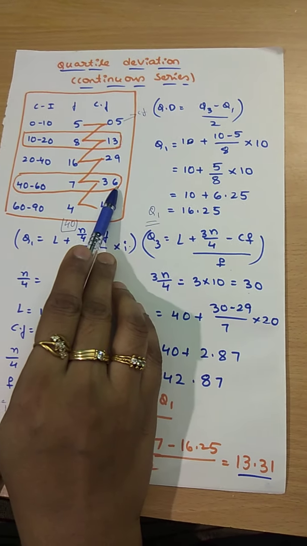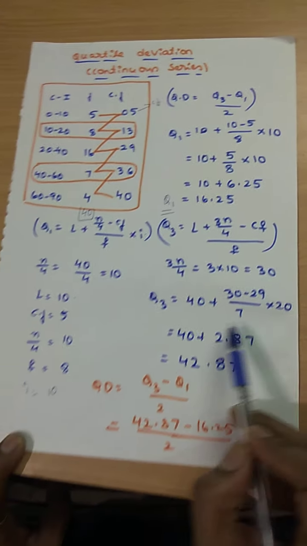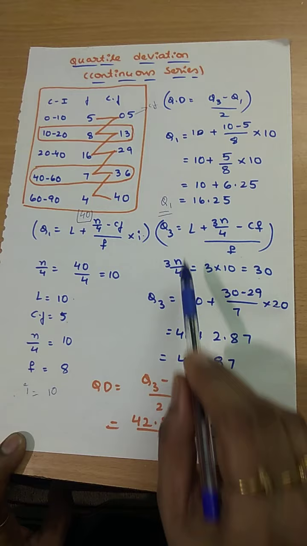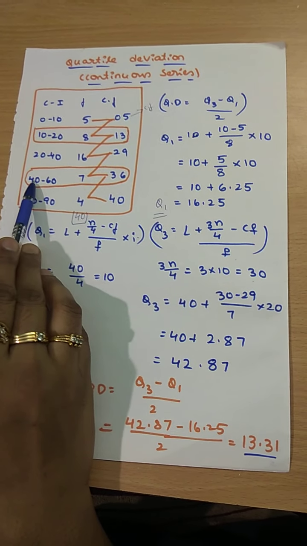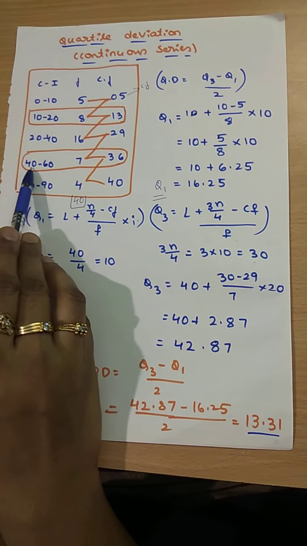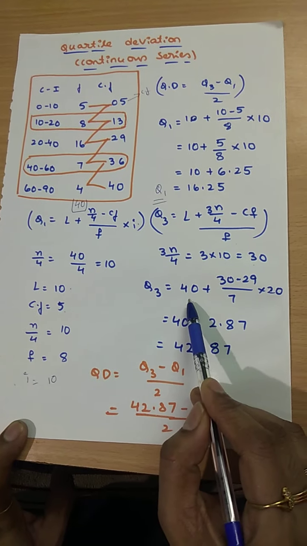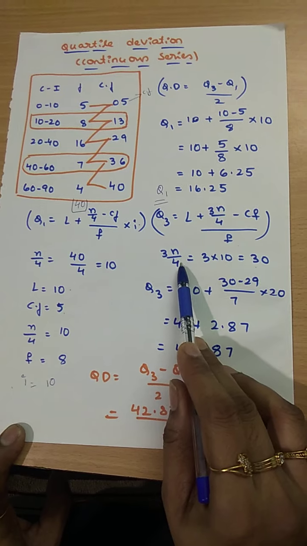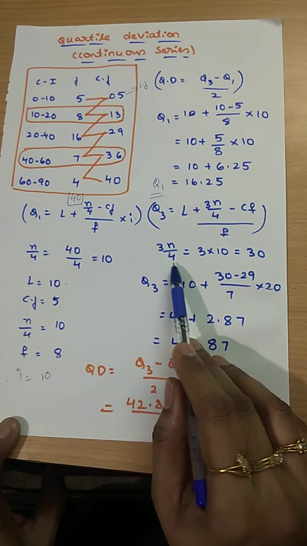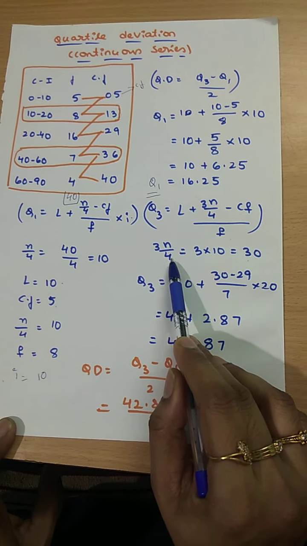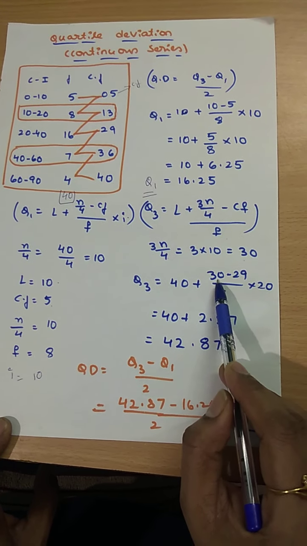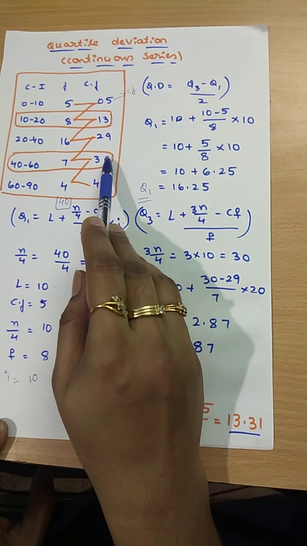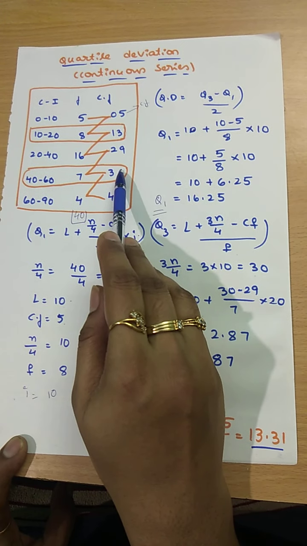So we need to substitute all the values here. L is the lower limit of the quartile class, so L equals 40, plus 3n by 4, which we calculated as 30, minus 29. 29 is the value of the cumulative frequency for the class preceding the quartile class.